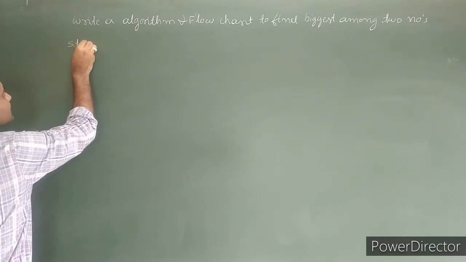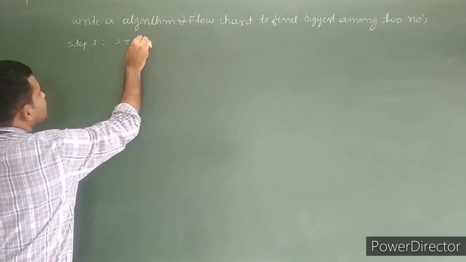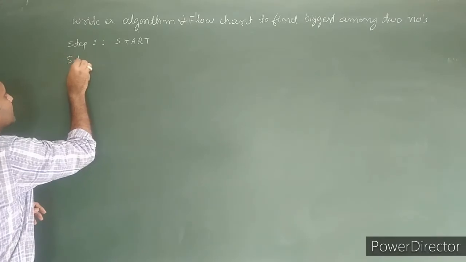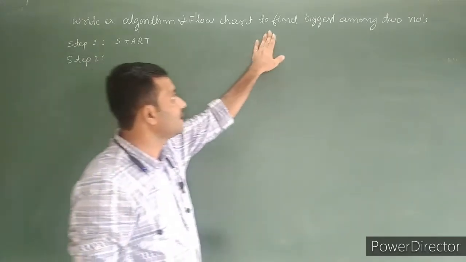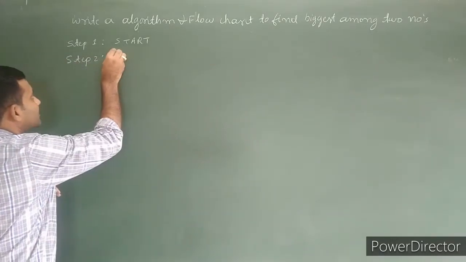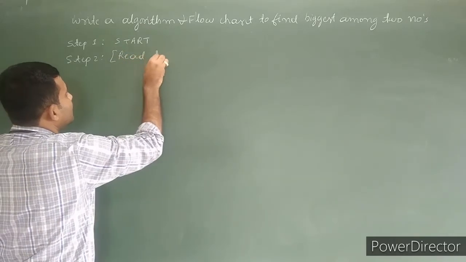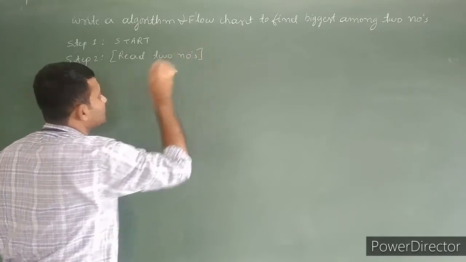The algorithm begins with step 1, that is the beginning, and ends with stop. Then in step 2, the problem definition is to find the biggest among two numbers. The inputs are two numbers, so read two numbers.